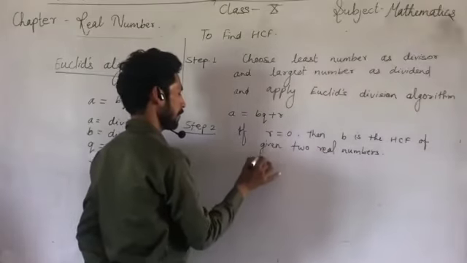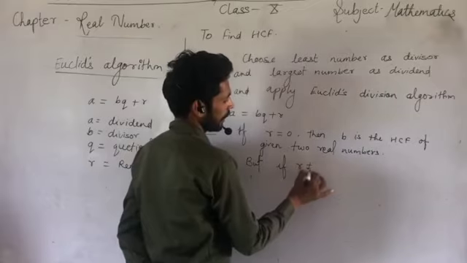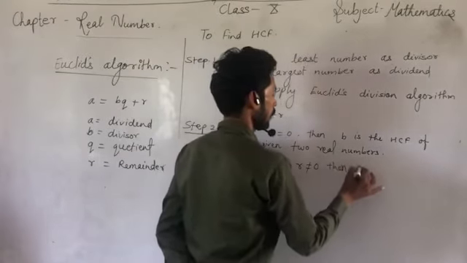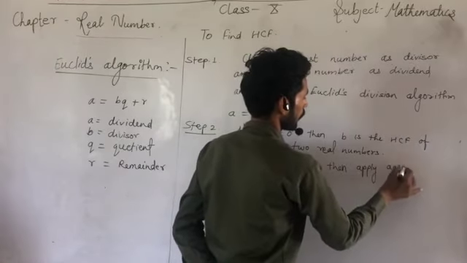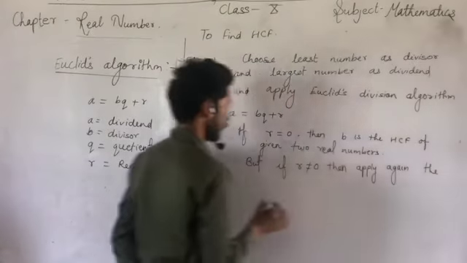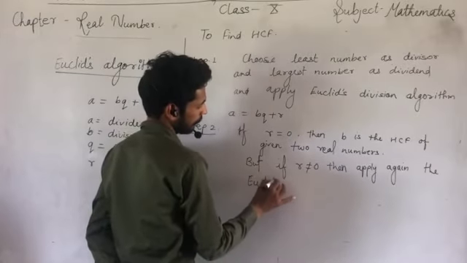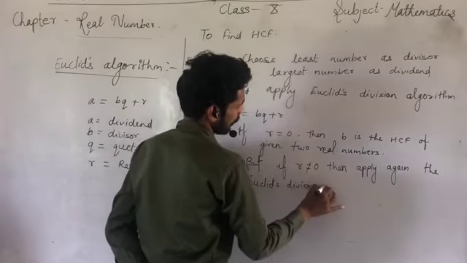But if the remainder does not equal 0, then apply the Euclid's division algorithm again.